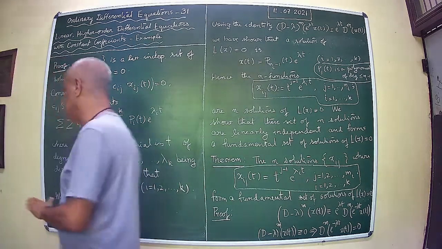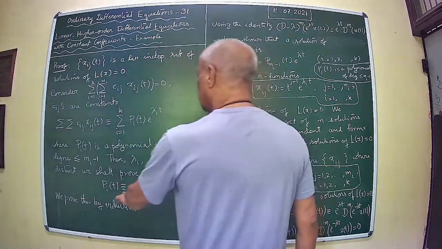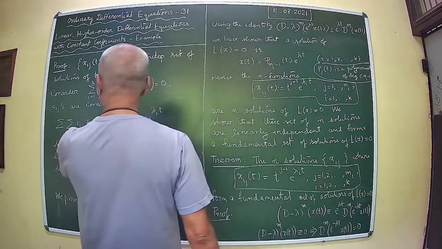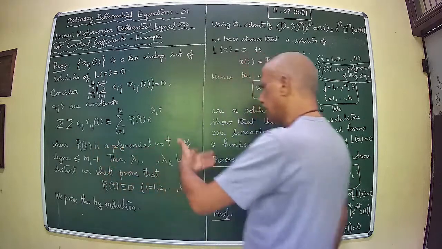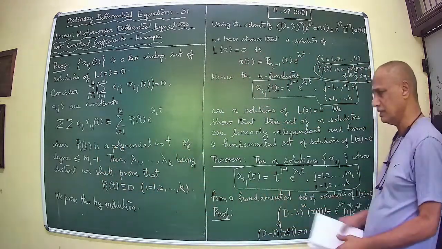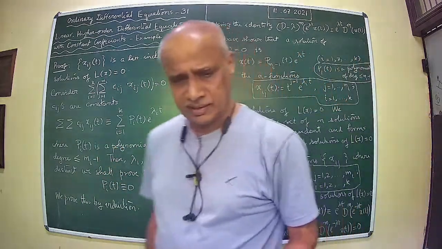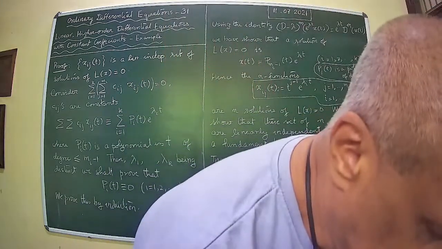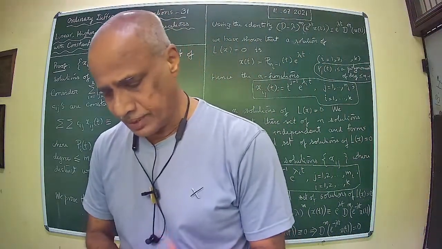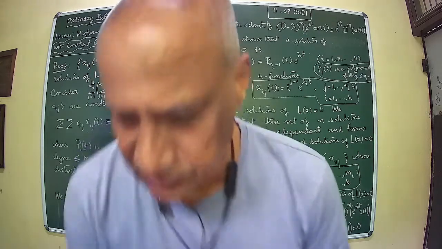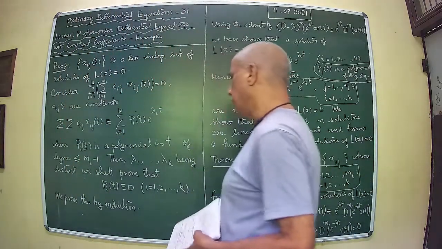Once we prove this, then you see that the coefficients that appear in the polynomials are all c_ij. All the c_ij's are individually 0. That's what we prove in the theorem. Okay. Then how do we go about doing it? It's simple. Now we prove this by induction.